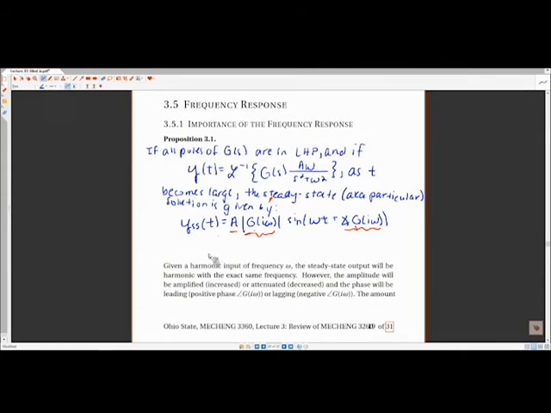Okay, so then we're going to define our magnitude of G(i omega) equal to the square root of the real part of our transfer function G(i omega) squared, plus the imaginary component of G(i omega) squared.